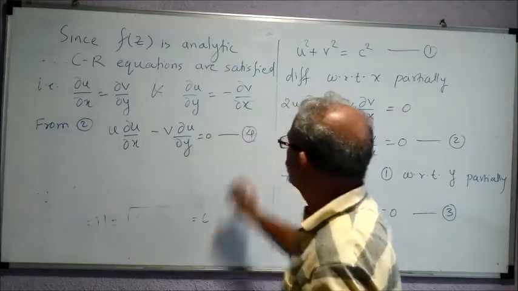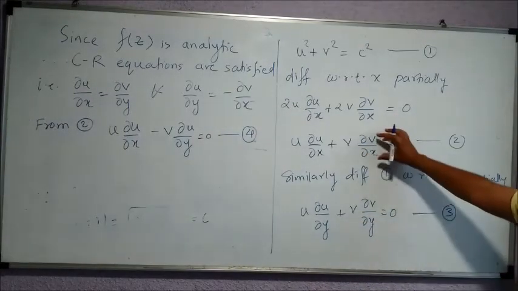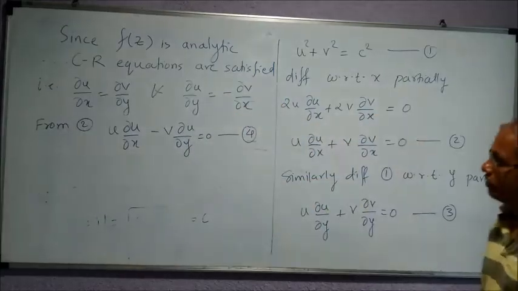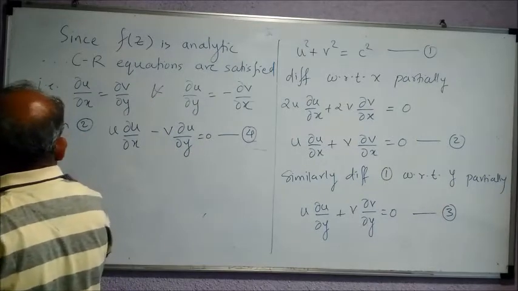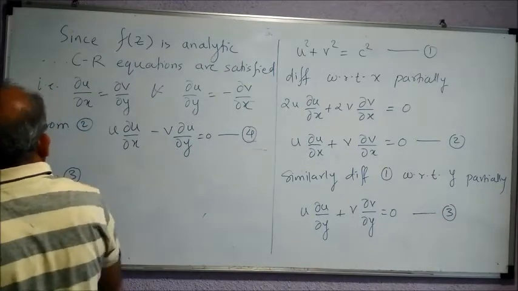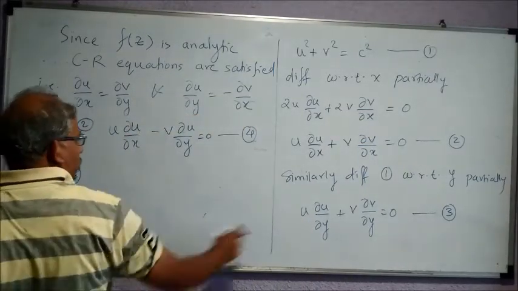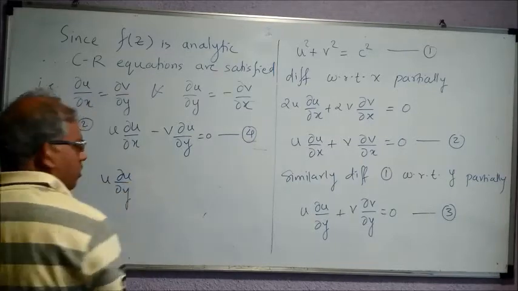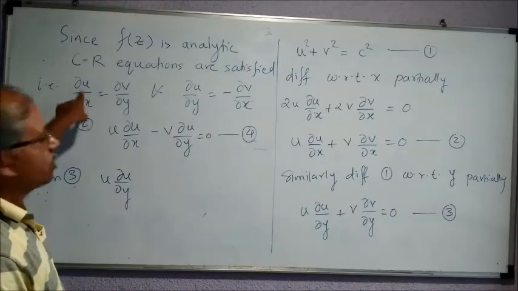Call this 4. Here I have replaced vx by minus uy. From 3, I keep the first term as it is, and now vy can be written as ux.